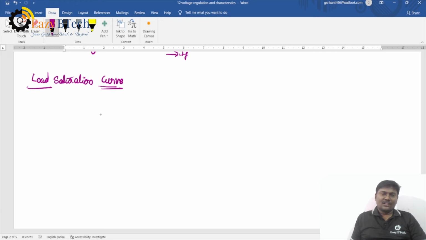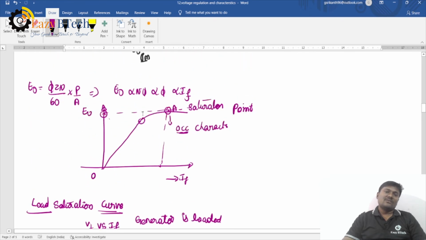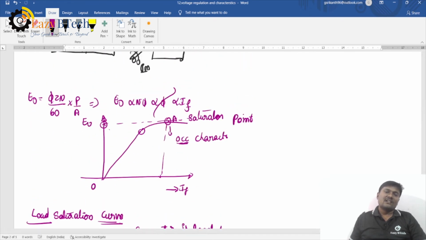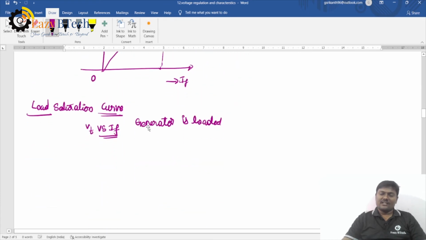This is the graph of terminal voltage versus field current when the generator is loaded. But in this case, if you observe, the generator is not at all loaded. It is under no load condition.